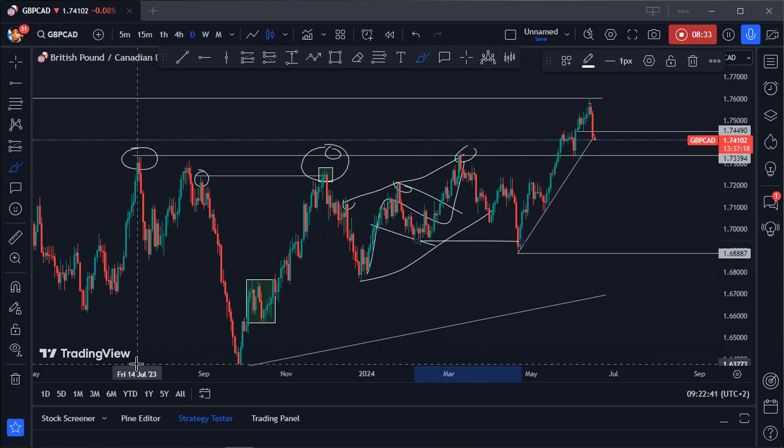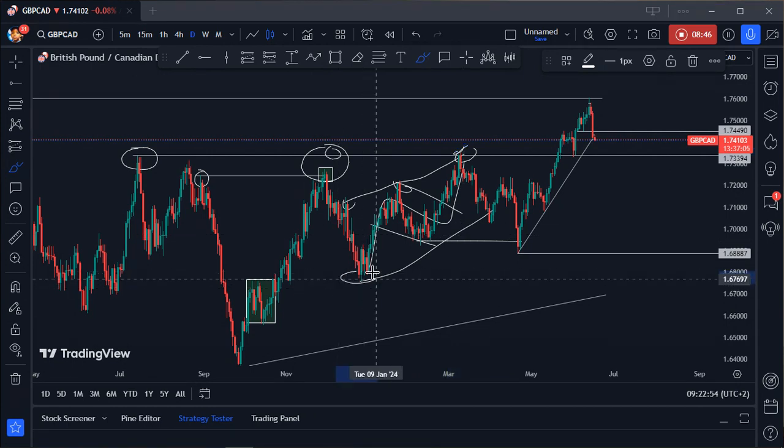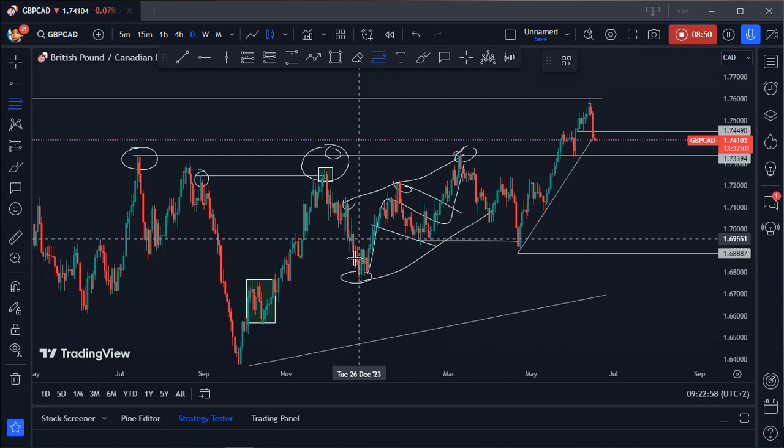So I'm basically playing ranges, highs and lows, as you can see. The same goes with here. This would be my high, this would be my low now. So I'll be looking for at least 90% of this whole range.